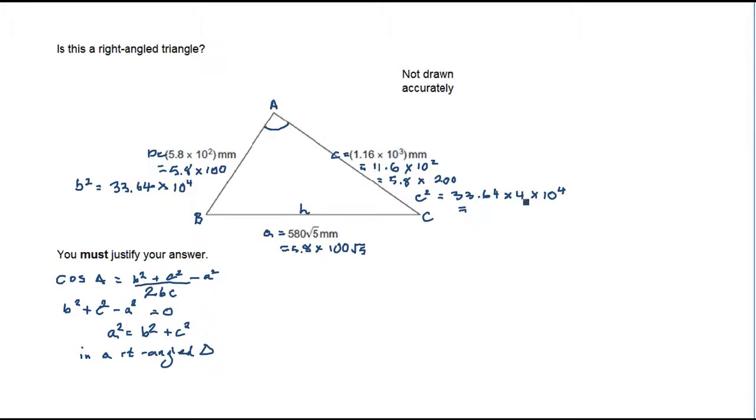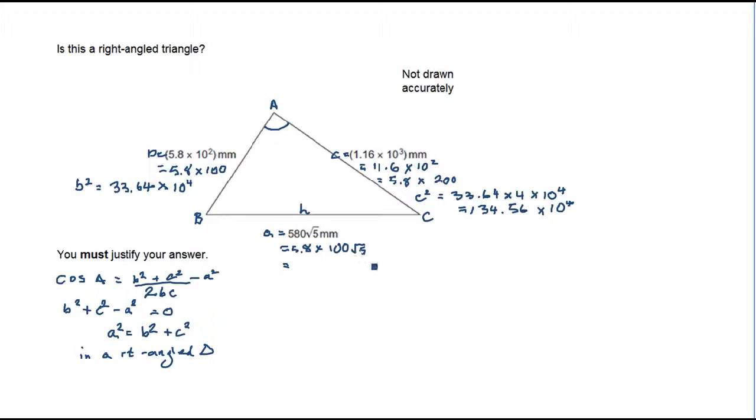Okay, well, that means I just double it and double it again. That's going to be about 125, about 135. So let's look at it on the calculator, and there we go. It's 134.56, in fact, times 10 to the 4.